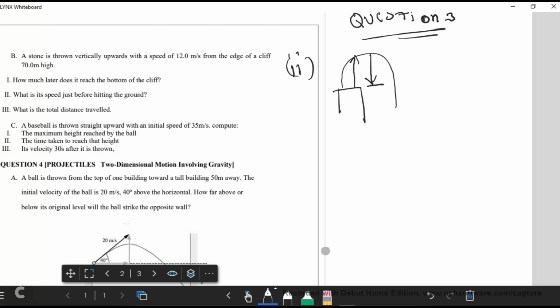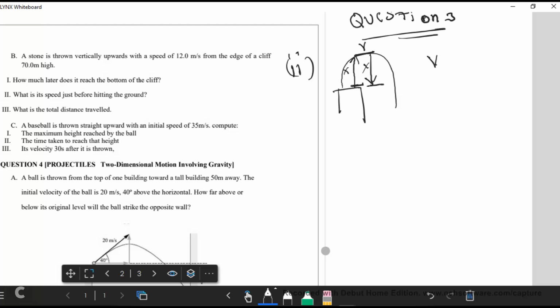But according to distance, we only add these two. We add without putting the negative or the positive sign. So let's calculate the displacement that it moved from here up to where? That's easy.